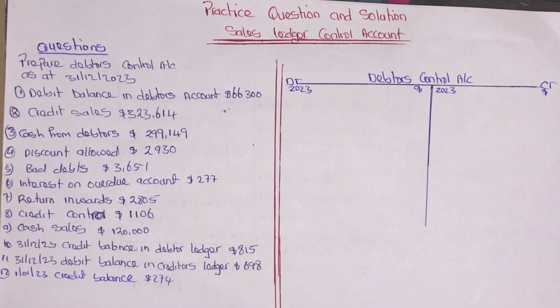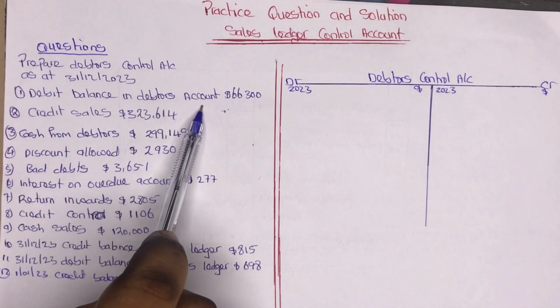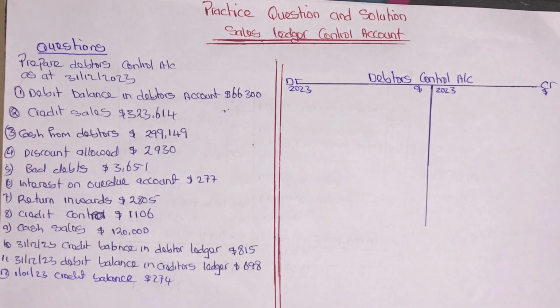So let's look at a practice question and solution on sales ledger control account. The question says, prepare debtors control account as at 31st of December 2023. The first item, debit balance in debtors account, $66,300.